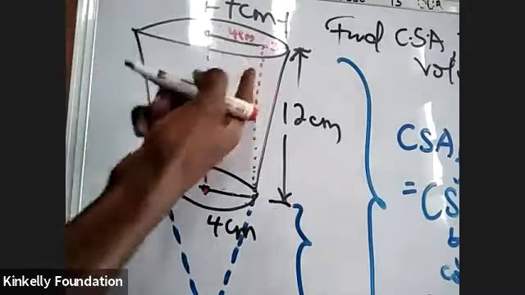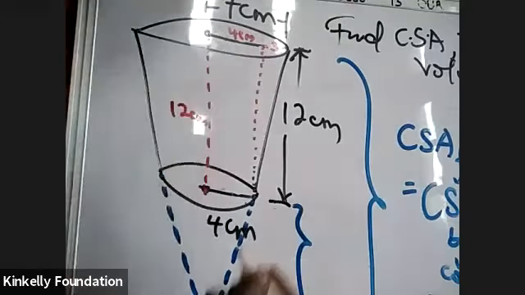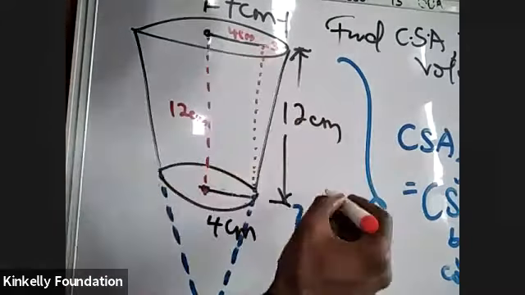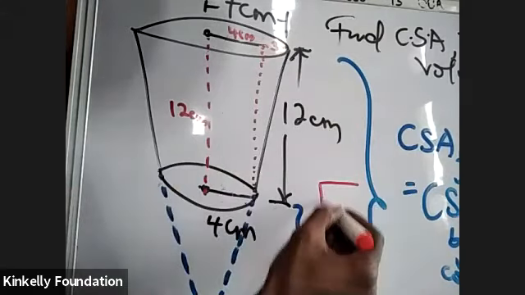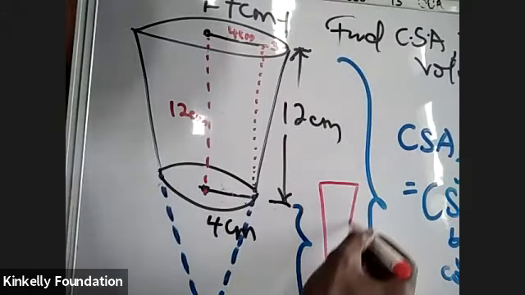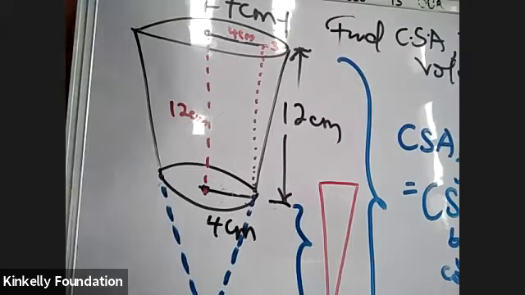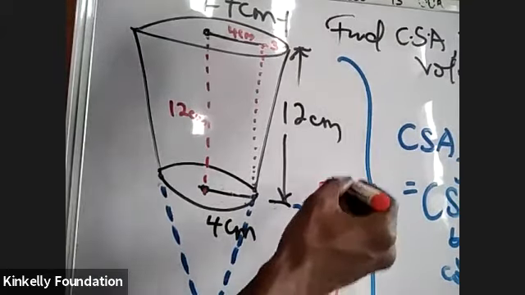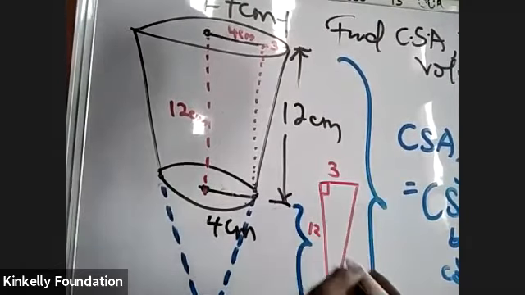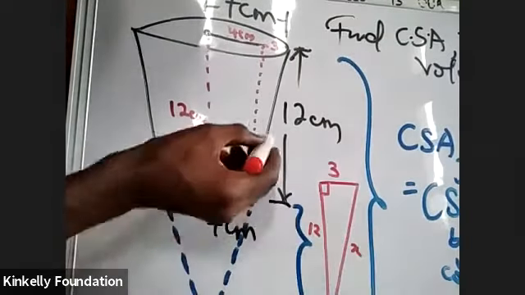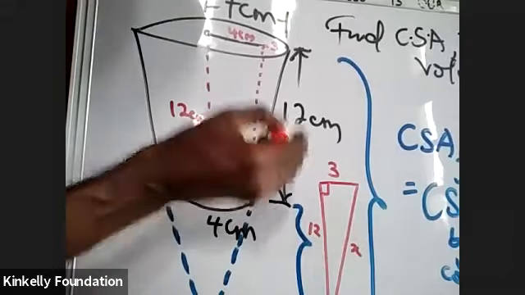Now, if this is 3 cm, we have a shape like this. These 3, here is 12, and here is unknown, which is a slant length. Let us call it x.